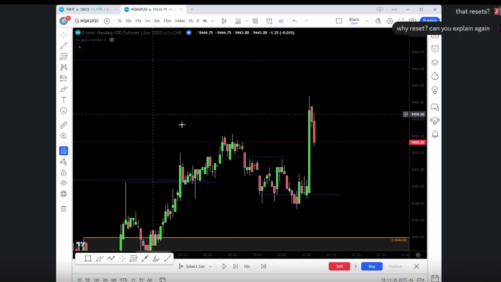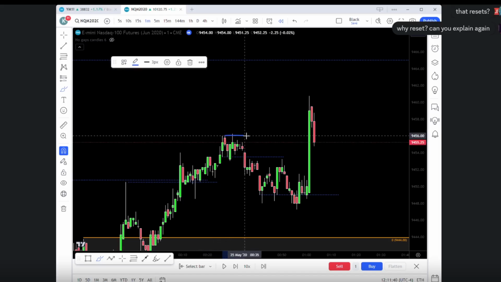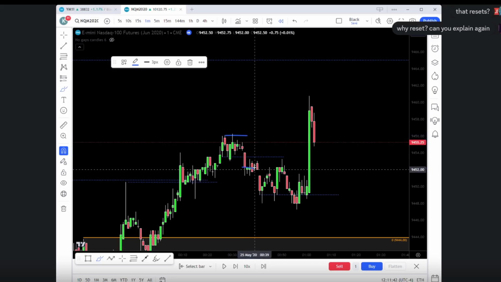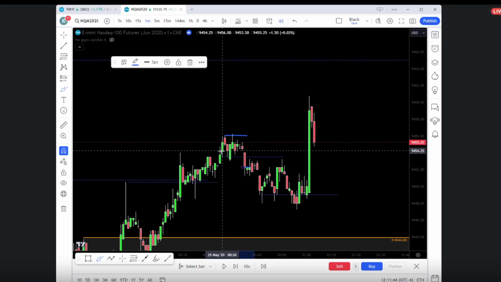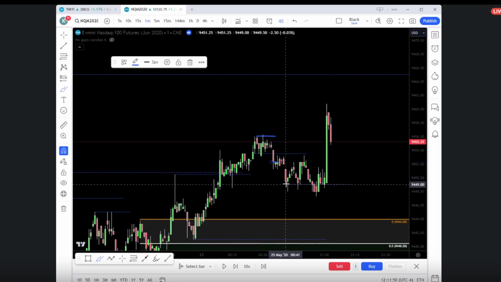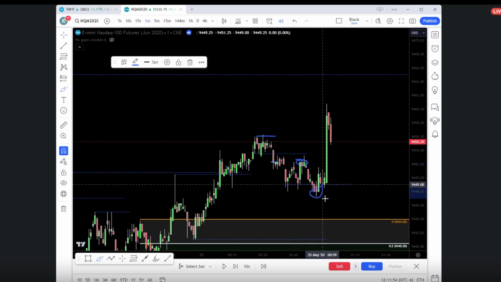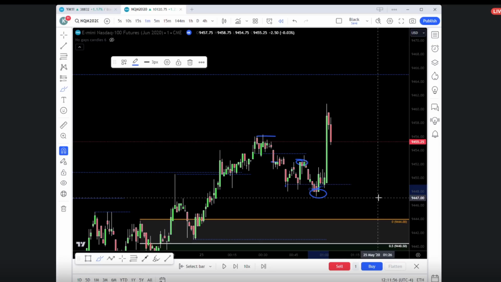It reset because we had a high that got put in here, this high. We close below it here, validating it as a high, right? We made a low here, which was then validated here, and then we broke it and closed below it.